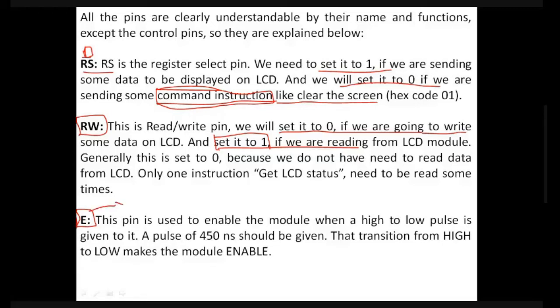After setting the enable pin to 1, the LCD comes to the enable mode, so whatever command or data we give to the LCD will operate. If the enable pin is 0, then the LCD is disabled.